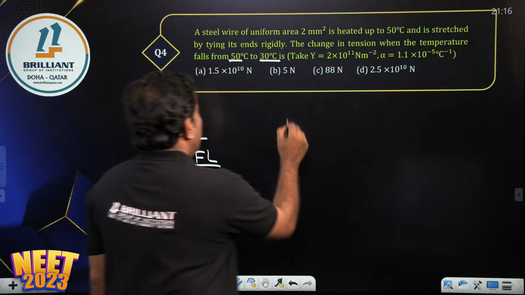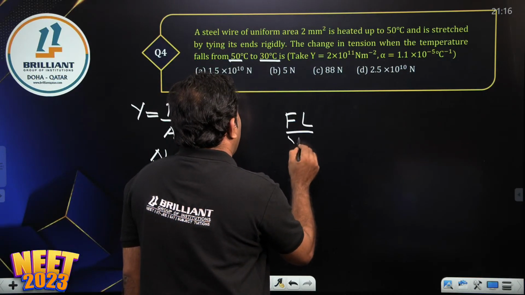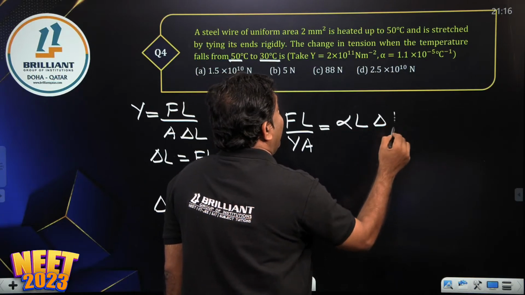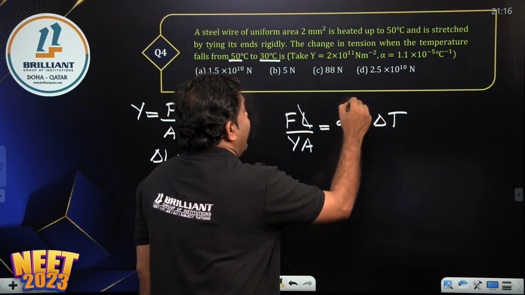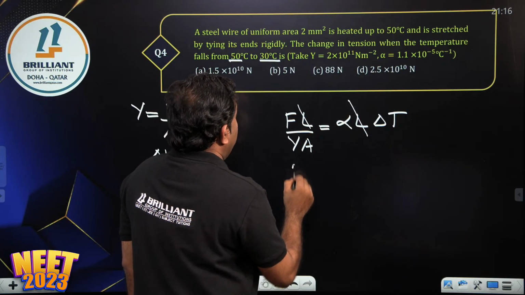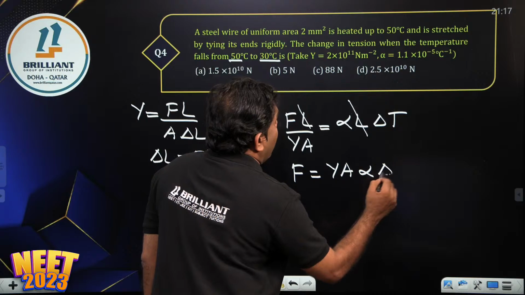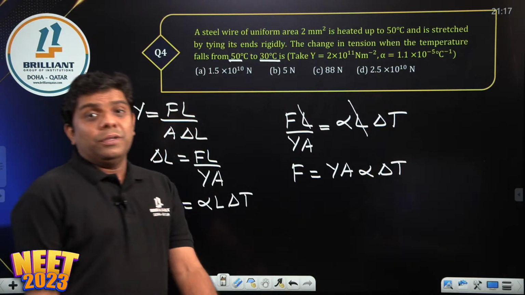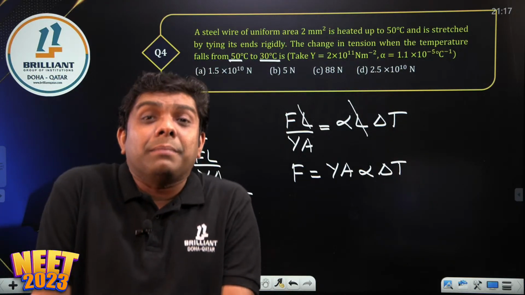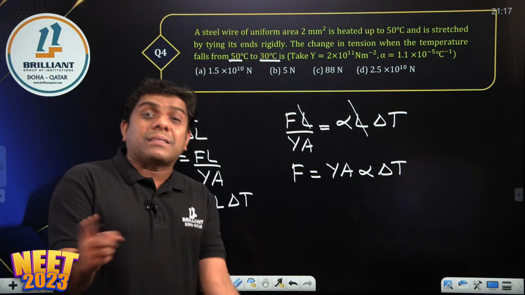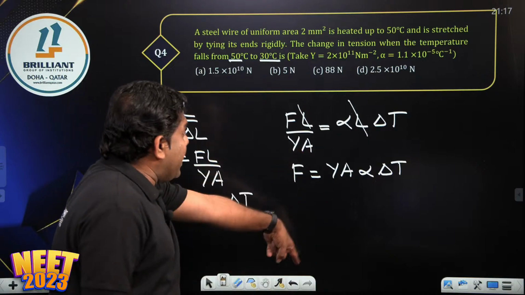We get FL by YA is equal to alpha L delta T. So L and L cancel. We get F is equal to YA alpha delta T. This is actually the thermal force. And if they are asking in the question for thermal stress, then we divide by A.